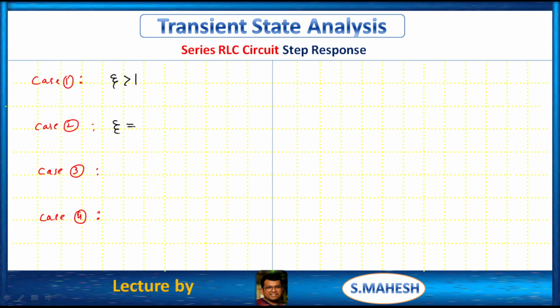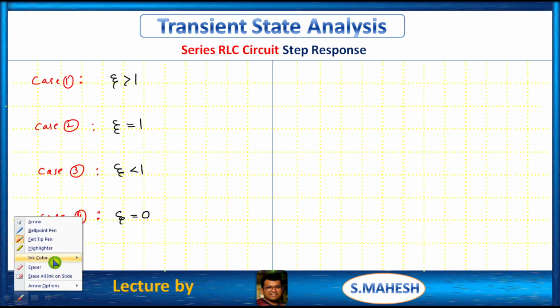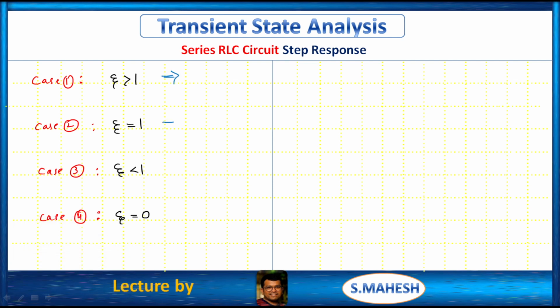Next zeta equals 1, zeta less than 1, and zeta equals 0. Zeta more than 1 means what? Zeta equals 1, zeta less than 1, zeta equals 0.